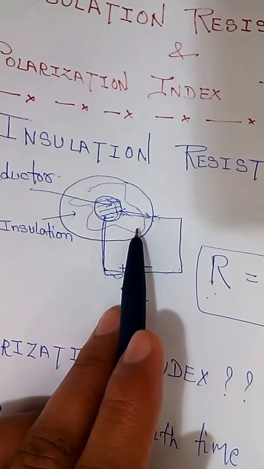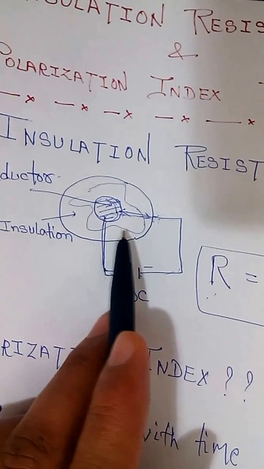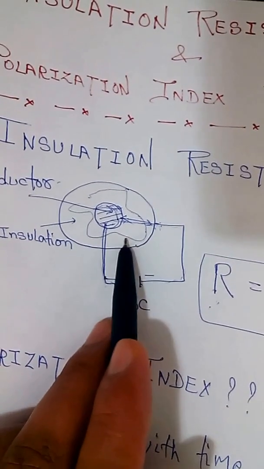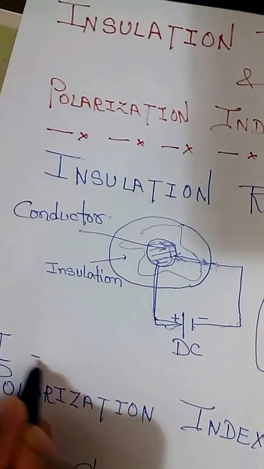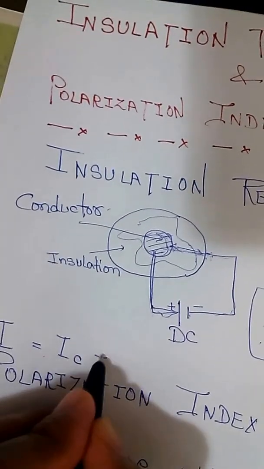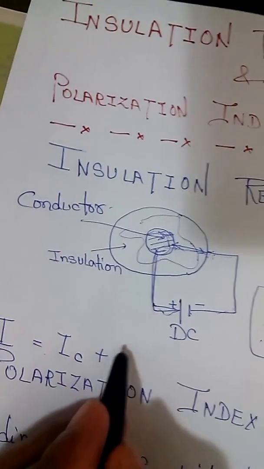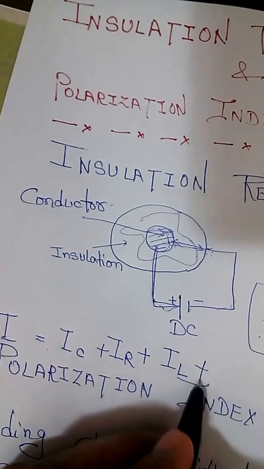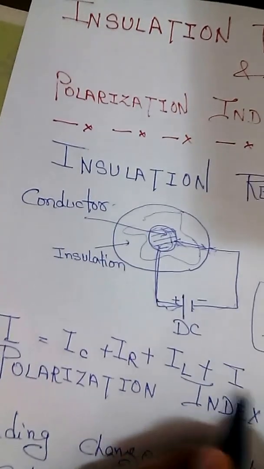Generally this current exists for the initial 10 seconds of the test, but it takes nearly 60 seconds to decay totally. So the total current equals the capacitive current, the resistive current, the leakage current, and the polarization current.